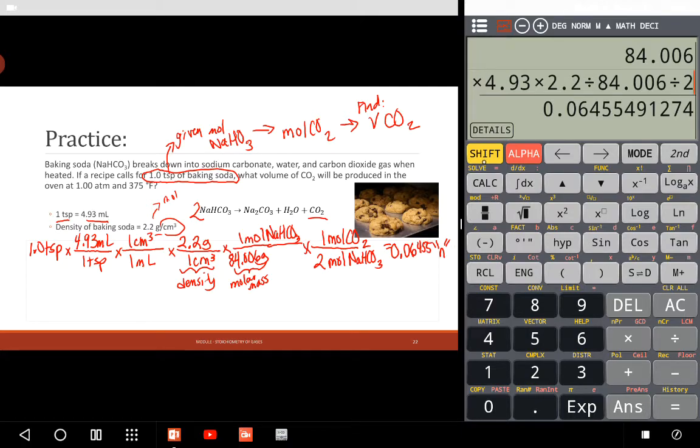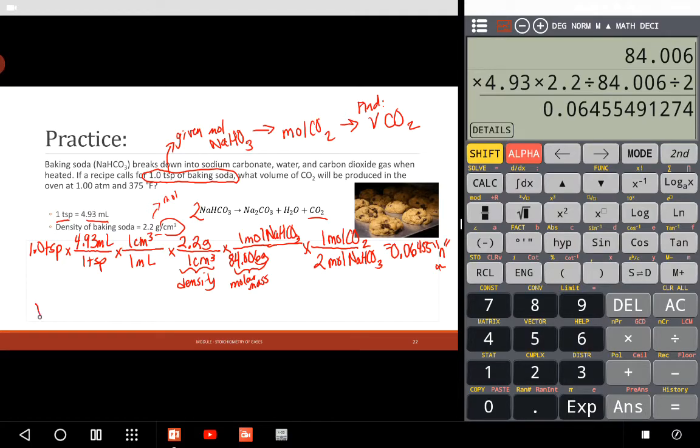So I'm going to go ahead and store that number as A. So now that's stored in my calculator as A. I'm going to just make a note to myself that that was A while I continue.